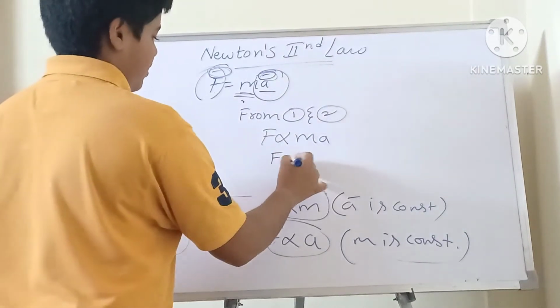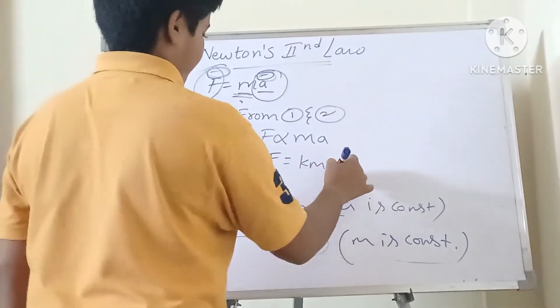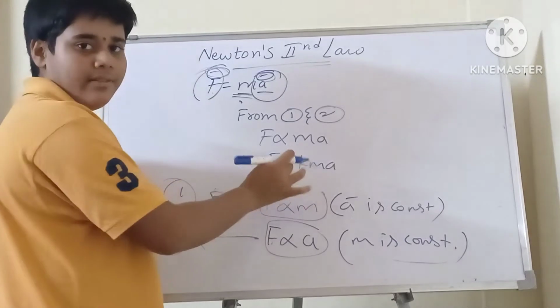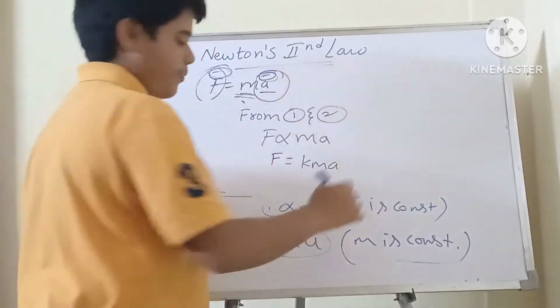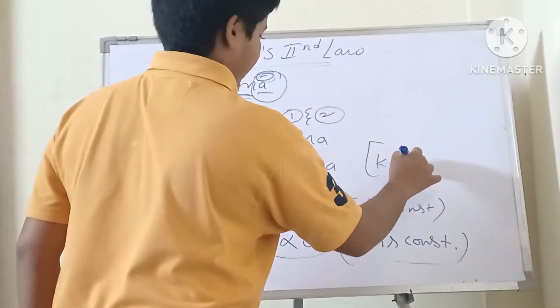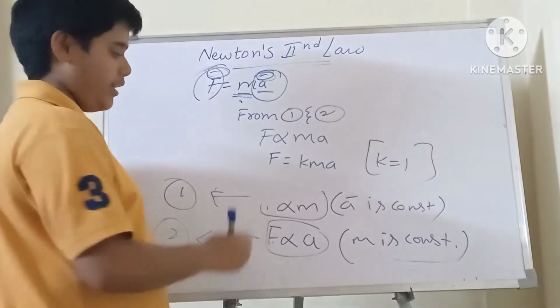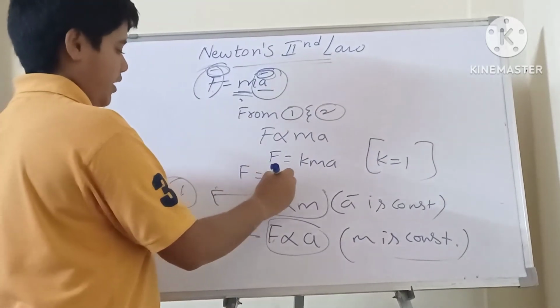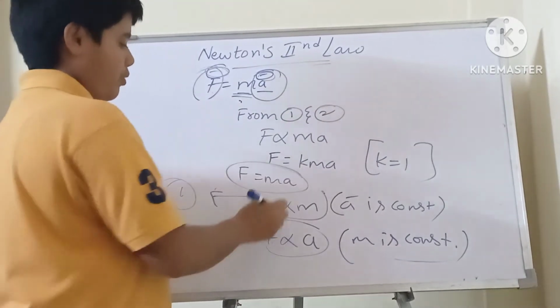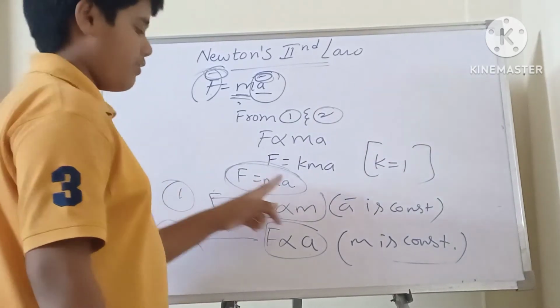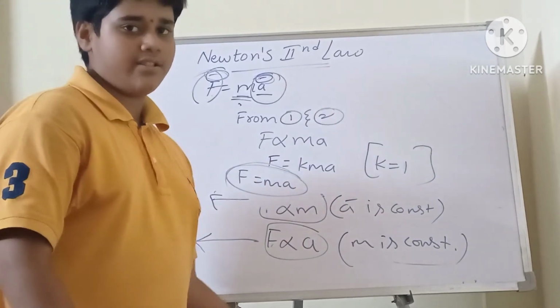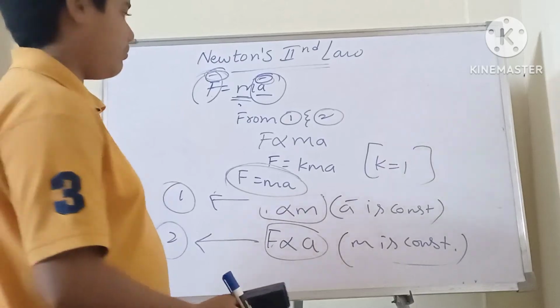So force is equal to K ma. Here K is a proportionality constant, and K is equal to 1. Okay, so here force is equal to ma. We have proved that force is equal to mass into acceleration. Okay.